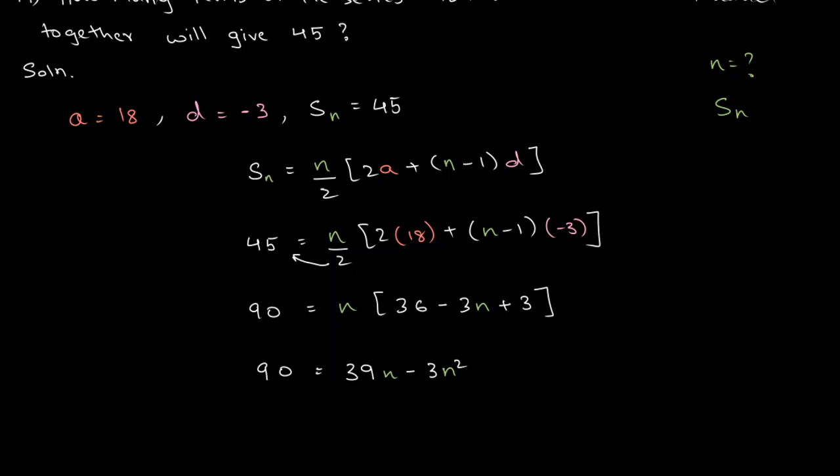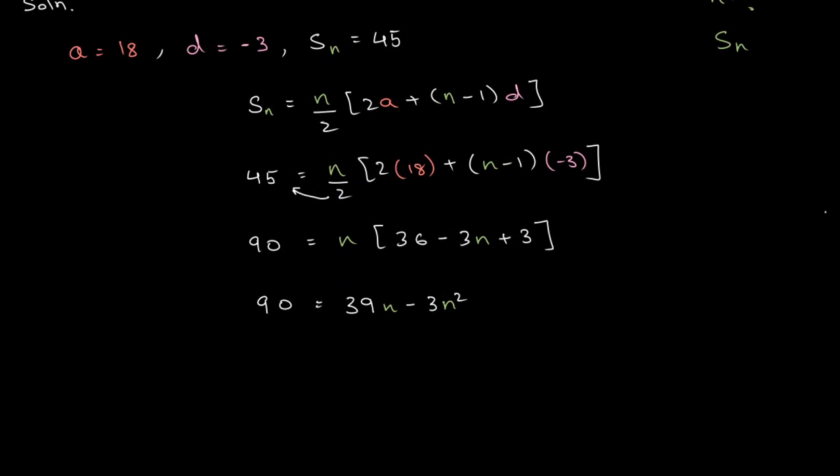square. Okay, let's rearrange the terms. As you can see, we're getting an n square term, so this is basically a quadratic. So let's rearrange this quadratic in the standard form, or the general form of the quadratic equation. So I can write this as 3n square minus 39n plus 90 is equal to 0, right?